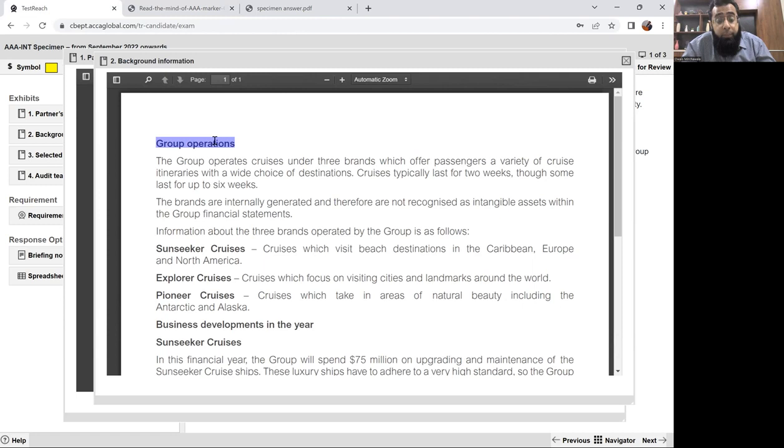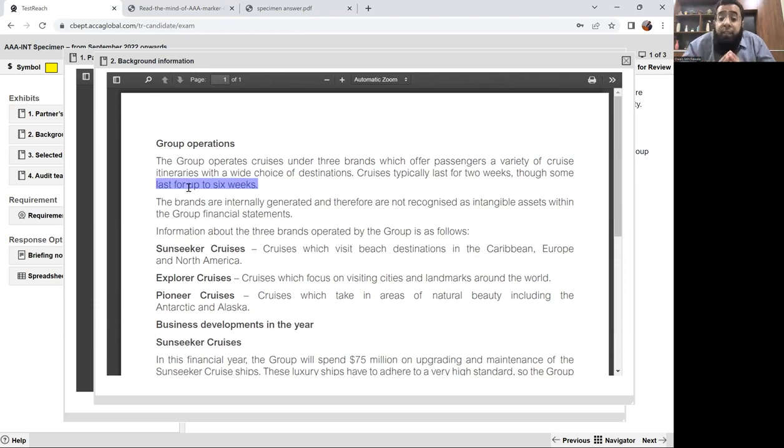Group operations. The group operates cruises under 3 brands which offer passengers a variety of cruise itineraries with a wide choice of destinations. Cruises typically last for 2 weeks, though some last up to 6 weeks.